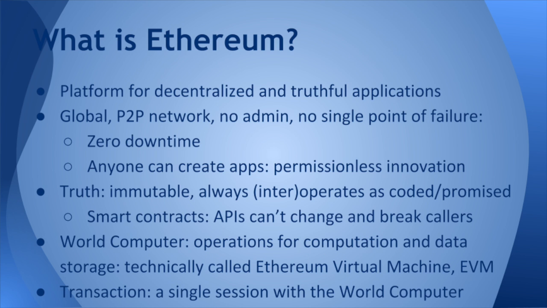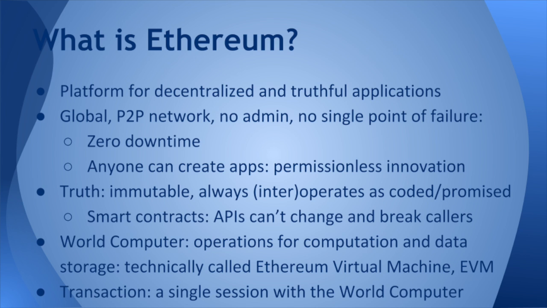To start out with, just a quick slide on what is Ethereum. Ethereum is a platform for decentralized applications and truthful applications. These applications run on a global peer-to-peer network. There are no administrators and no single point of failure. This means these applications have no downtime, and anyone can create these applications.